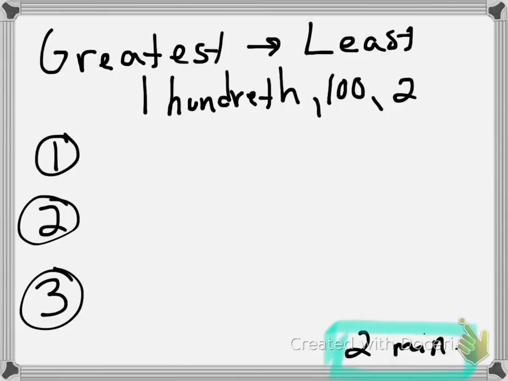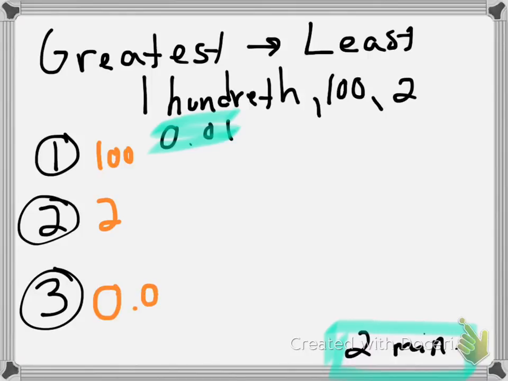This next one, you're going from greatest to least. You have 2 minutes. Go ahead and begin. Now when we're going over this, I went ahead and changed 1/100th to the decimal that it should look like. So now it might pop out a little bit in your head that, oh okay, that means 100's the greatest, 2 is the second greatest, and then my least is 0.01, also known as 1/100th.